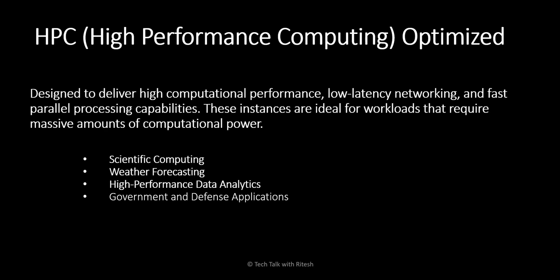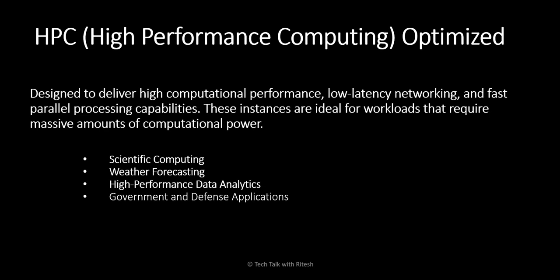And on that calculation, we decide whether we should go with the memory one or the accelerated one or the HPC one, right? So we will not get any contradictory question in the exam or in the interview, where more than one type of EC2 instance might apply.